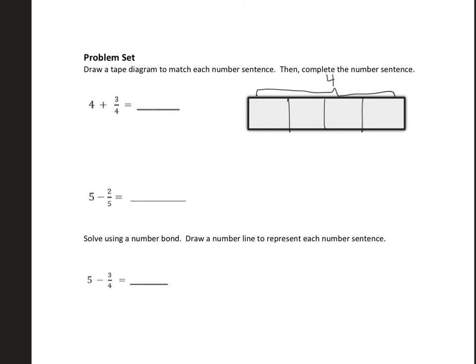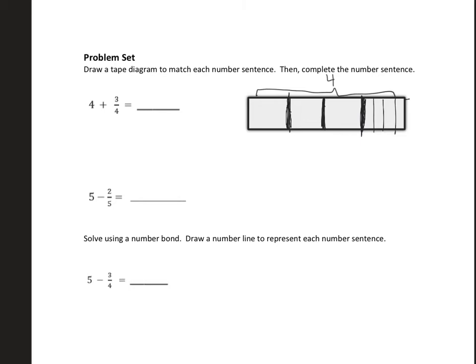So we are going to look at our denominator, and we know that we're adding fourths, okay? We're going to add 3 more fourths. So if I had all of my units divided up into fourths, like this, each one would be divided up into fourths like this. But I still want you to be able to see where each unit is, okay? Now, we are just going to add 3 more fourths. So I'm not going to draw a whole other unit on my tape diagram.